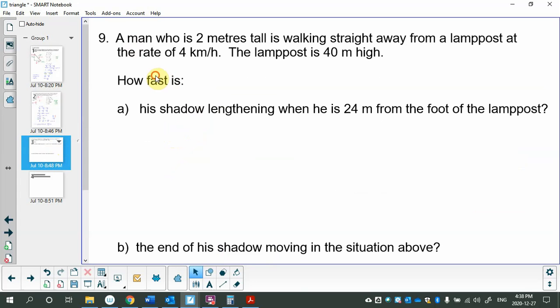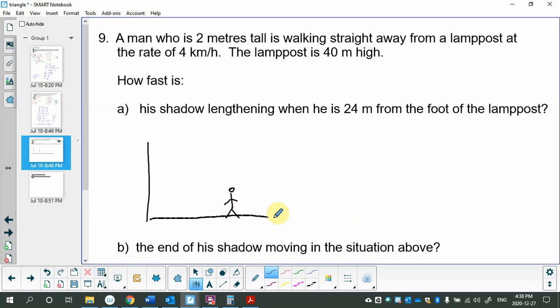So let's see how I oriented this. I cannot make this movable, so I'm going to draw me a right angle triangle. I'm going to doodle it, just to be a rebel. It says a man who is 2 meters tall is walking straight away from a lamppost at the rate of 4 kilometers per hour. So I have a lamppost, and I have a guy walking away from the lamppost.